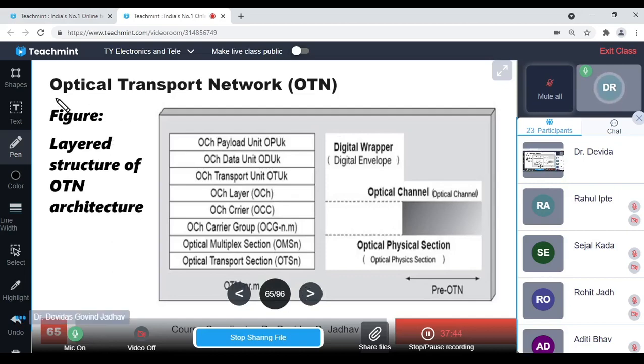So optical transport network, OTN, has a layered structure.